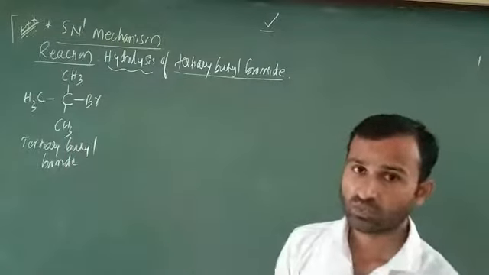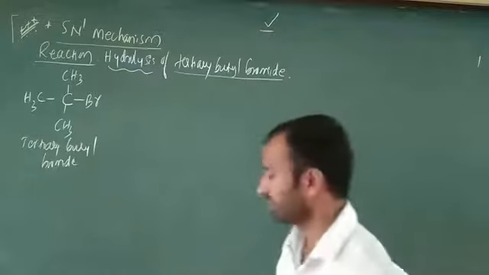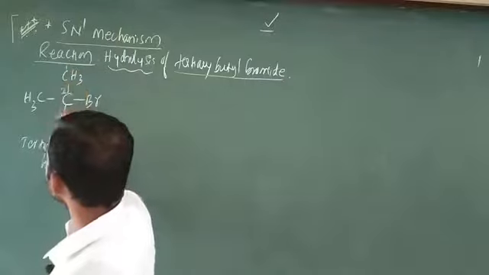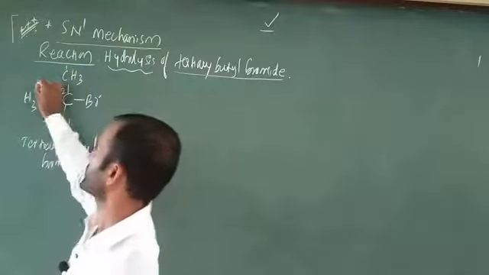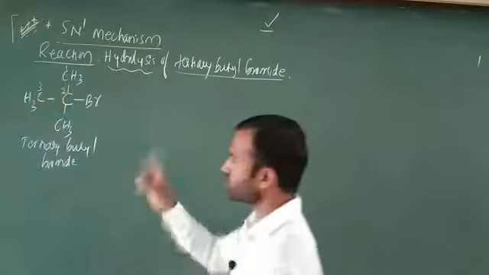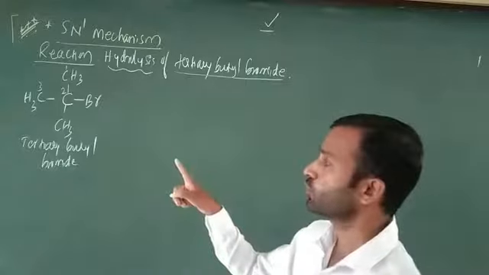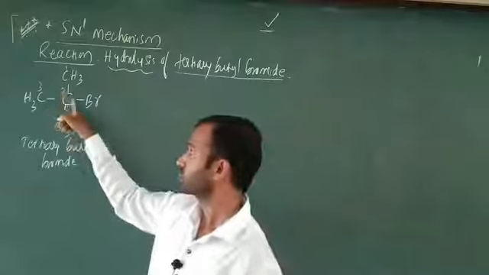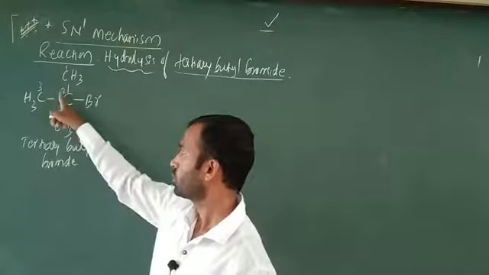Next, you must know the IUPAC nomenclature. I am going to start numbering from here as 1, this is 2, and you can write 3 here or here. I am going to write 3 here. The IUPAC name is 2-bromo-2-methylpropane. The second position has the Br, so 2-bromo, 2-methyl.